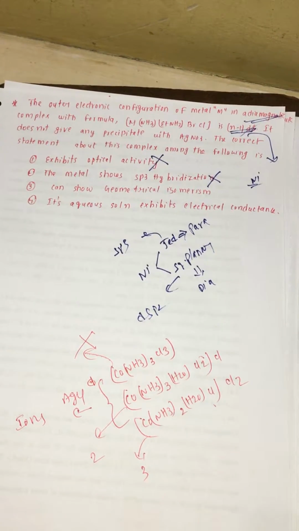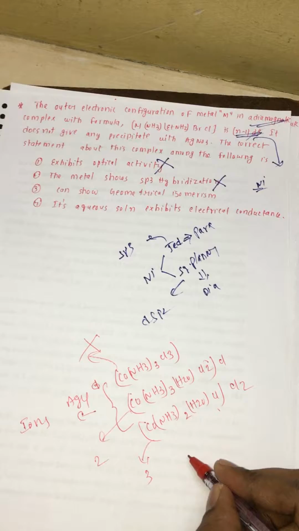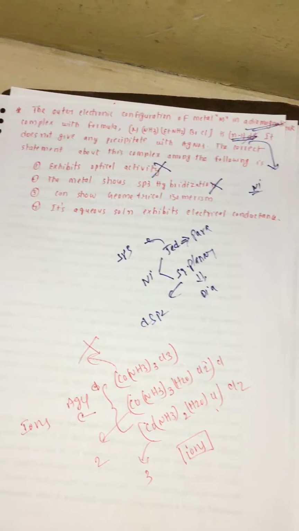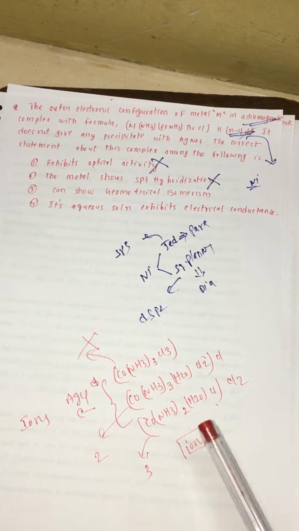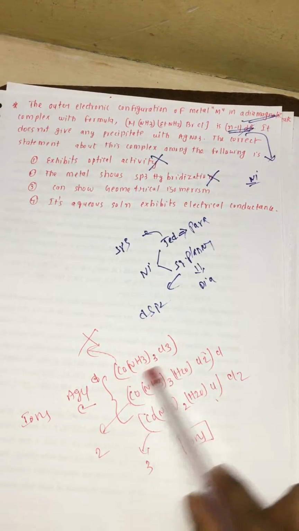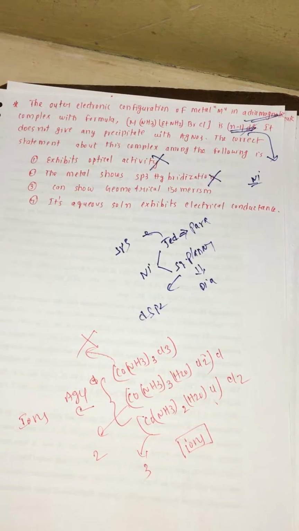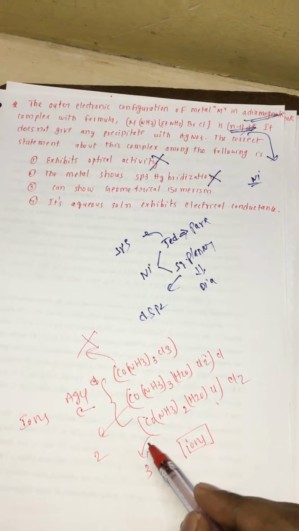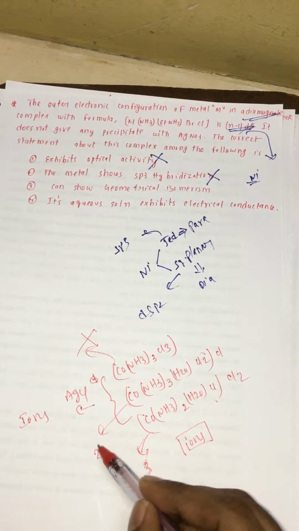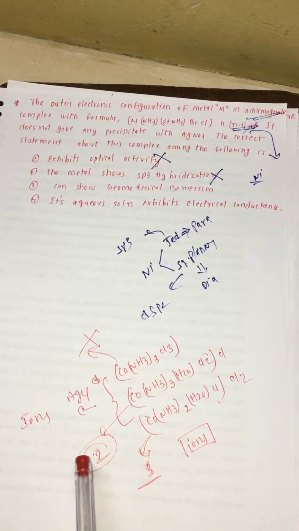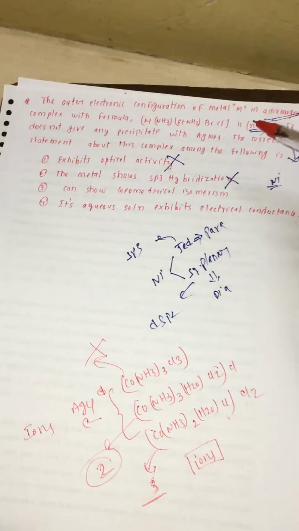If a metal complex needs to show electrical conductance, it needs to form ions. This is the funda we need to remember. Since this is not forming any ions here, it cannot produce much electrical conductance. It can show some, but not that much. But here the number of ions equals 3, here the number of ions equals 2, so this will conduct more than this.